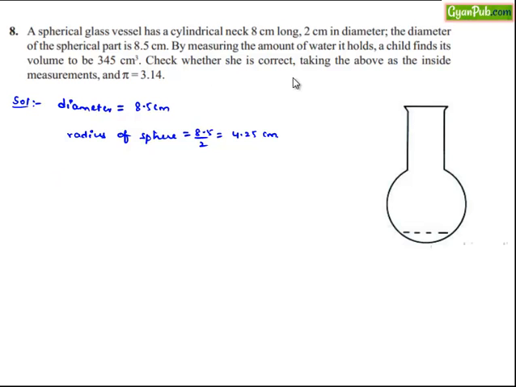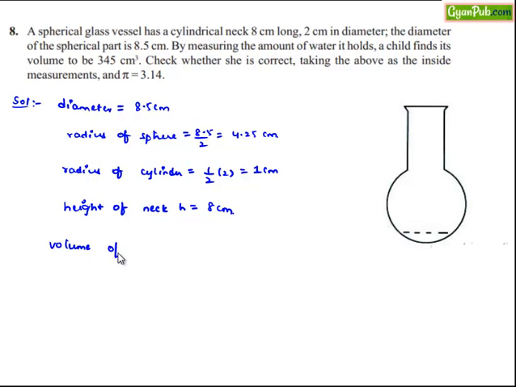He has also given the dimensions of the neck, which is in the form of a cylinder: the radius is half times the diameter, that is half times 2 centimeter, which is equal to 1 centimeter, and the height of the neck, h, is equal to 8 centimeters.